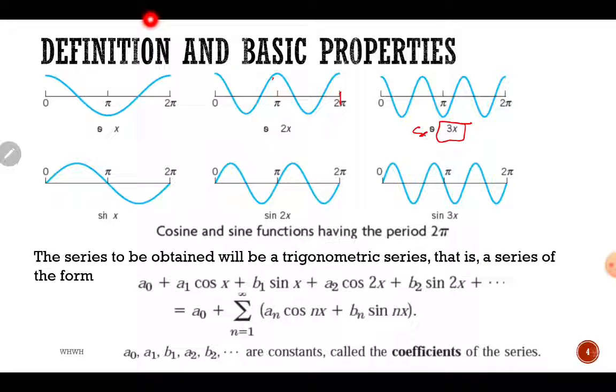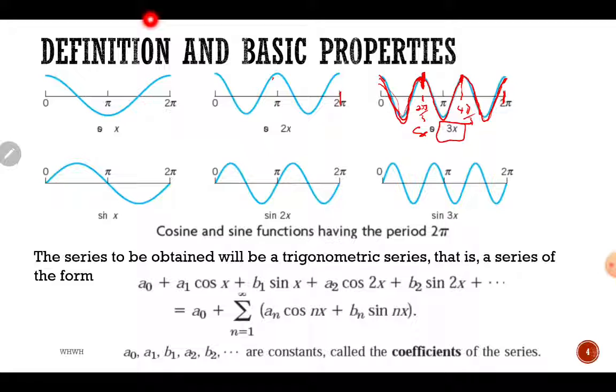For cos 3x, within the 2 pi period, how many cycles do we complete? From 0 to 2 pi over 3, we complete one cycle. From 2 pi over 3 to 4 pi over 3, we complete another cycle. And the third cycle from 4 pi over 3 to 2 pi. So we have 3 cycles, all repeating the same pattern.